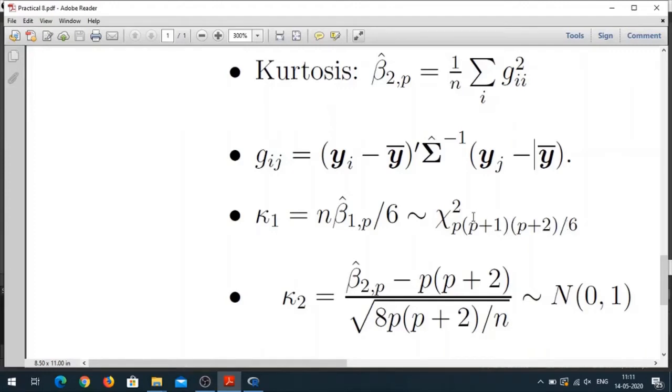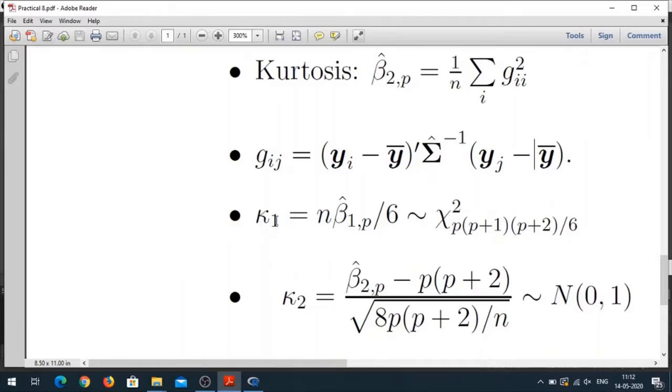As I said, we are not going to discuss the derivation of this test statistic, we are just going to use it directly. So this is a test statistic based on skewness. Once I know that it is chi-square, I can compare the value obtained from the given data with the chi-square cutoff, and then I can conclude whether the null hypothesis is accepted or rejected. In fact, I can go one step further and compute the p-value also on the basis of this chi-square distribution.